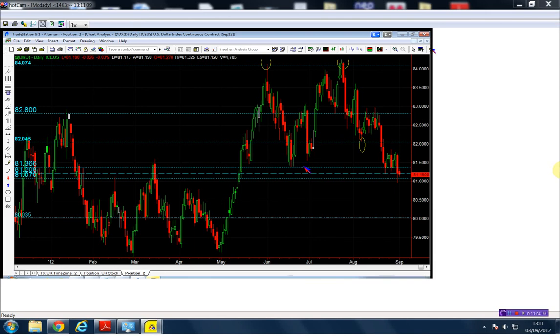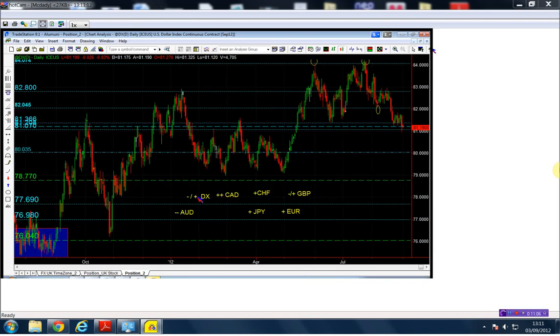So having looked at that, I'm going to grade the US dollar. As you can see from last week, for example, we said that the dollar was neutral to weak, the CAD was strong, the Aussie was weak, the yen was kind of neutral, the euro was strong, and the Swiss.